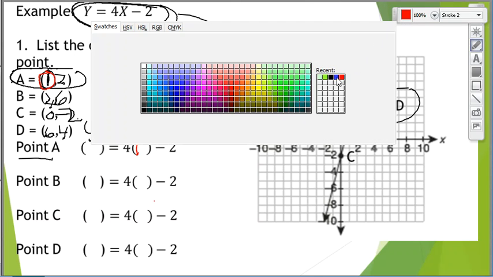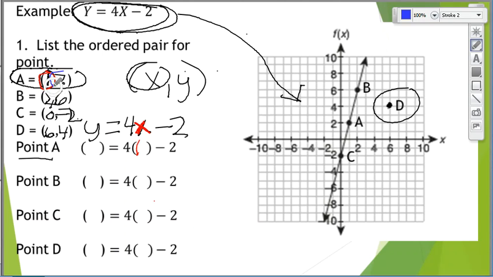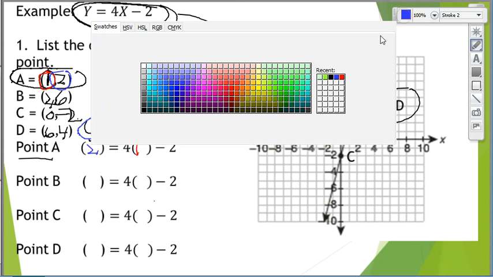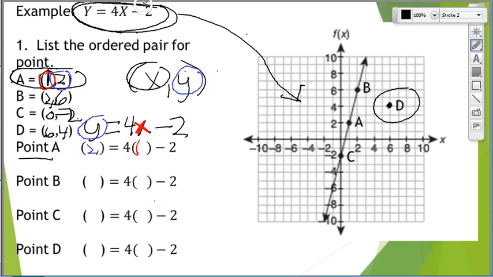And then our y-coordinate of our point is 2. So instead of our y, we're going to plug in 2. So all I did is I took the equation y equals 4 times x minus 2, and instead of the x, we plugged in the x from our point. Instead of the y, we plugged in the y from our point, or our ordered pair.